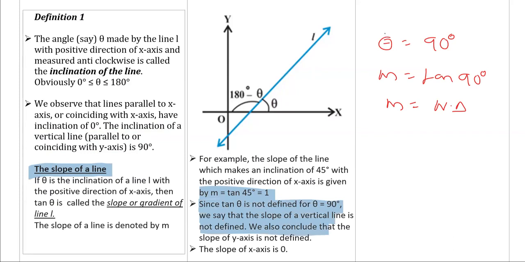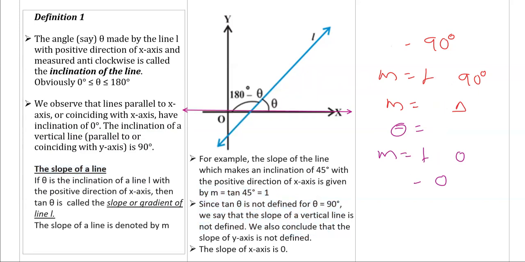Now coming to the x-axis, as we have already discussed, for the x-axis or a line parallel to the x-axis, theta is 0. In that case the slope of the line is tan 0, and tan 0 is 0. Therefore, the slope of the x-axis or a line parallel to the x-axis is 0.